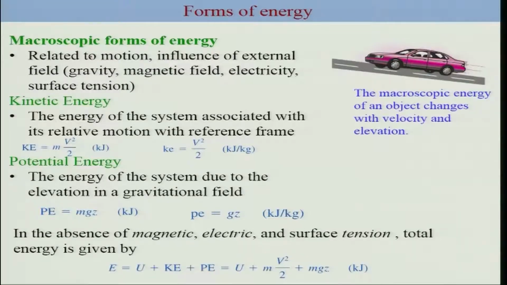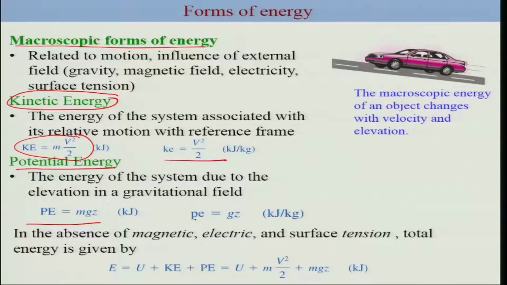So as we already discussed, the macroscopic forms of energy depend on the elevation and the speed of the system or the object. The classic examples are kinetic energy, which is represented by this expression, mv square by 2, and the potential energy, which is represented by mgz, where z is the elevation of the object. You can define these in terms of per unit mass in this form. You divide by m, you get v square by 2.